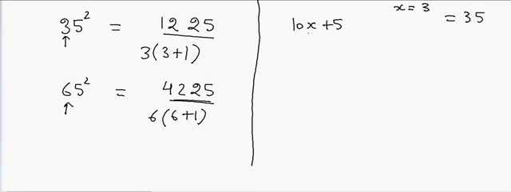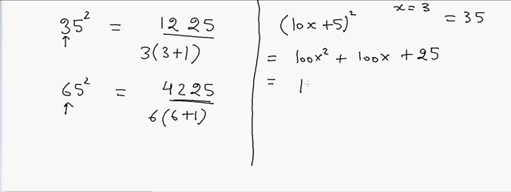If we square 10x plus 5, that will be equal to 100x square plus 100x plus 25. If we solve this, that will be equal to 100 into x into x plus 1 plus 25.